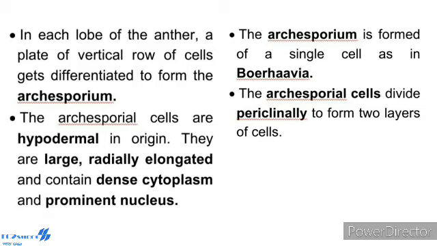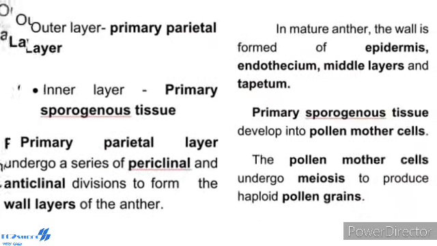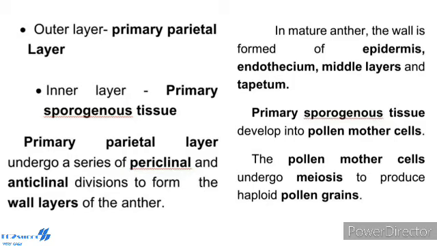The archesporial cells divide periclinally to form two layers of cells. The outer layer is the primary parietal layer, and the inner layer is called the primary sporogenous tissue. The primary sporogenous tissue develops into pollen mother cells. The pollen mother cells undergo meiosis to produce haploid pollen grains.